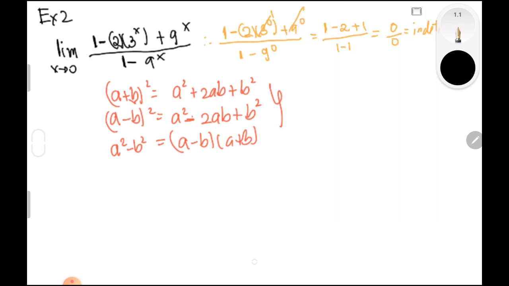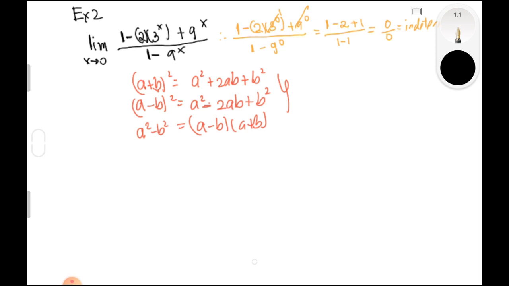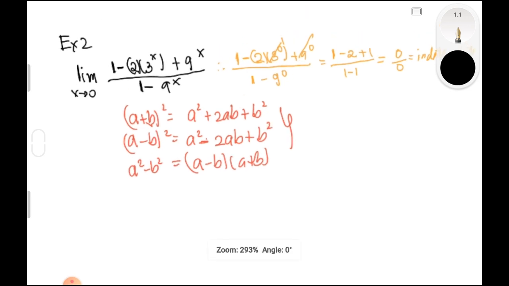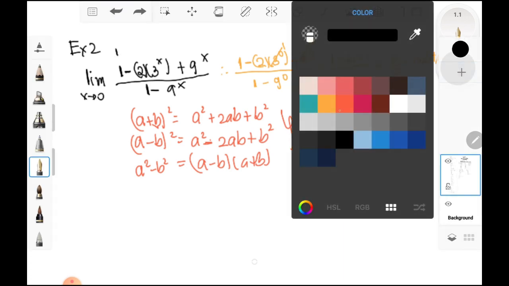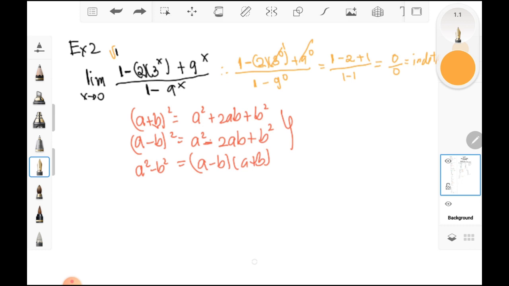Okay? So sa akin, ito yung gagamitin ko. Why? Because basically for me, if I will get the square root of 1, we have a value of 1. If I would get the square root of 9, we have 3. We have 3 raised to x.